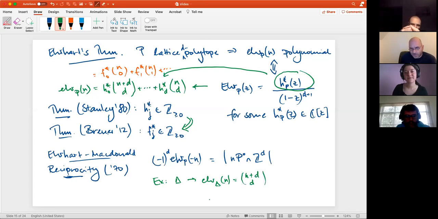If we plug in negative n, how should we think about this? This is really 1 over d factorial times a product: n plus d times n plus d minus 1, and so on down to n plus 1, right?